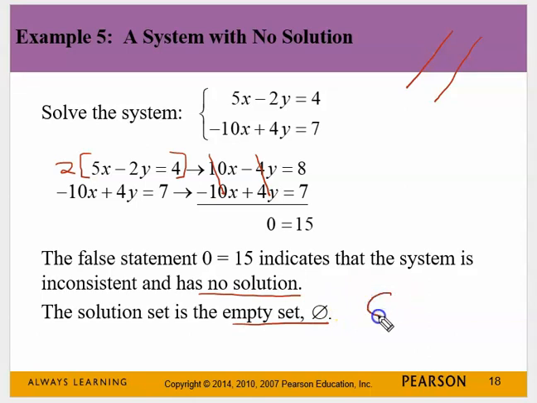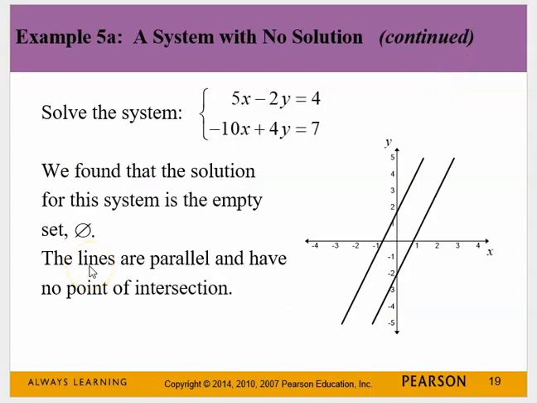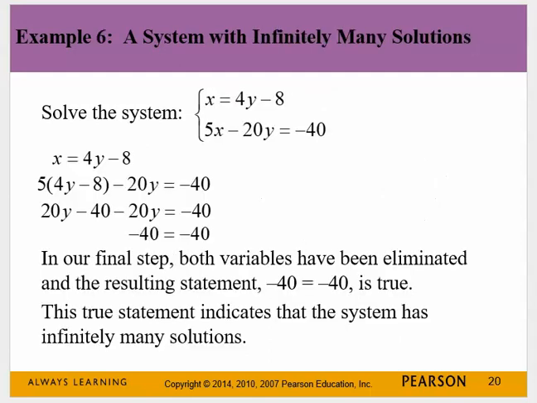And this circle with a line through it is the symbol for an empty set. And if you were to plot these, you would see they are, in fact, parallel lines. This is a continuation of example 5.